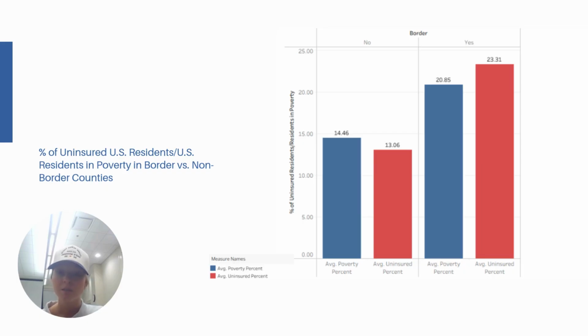However, in border counties, the uninsured percentage is actually higher than the poverty percentage on average. This means that in addition to not having the means to provide daily necessities like food, home, water, and clothing, they also may not be able to provide health insurance and may not be getting the same kind of nutritional care that those who live away from the border are.